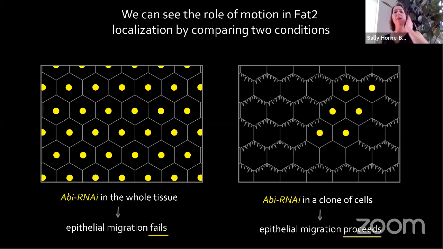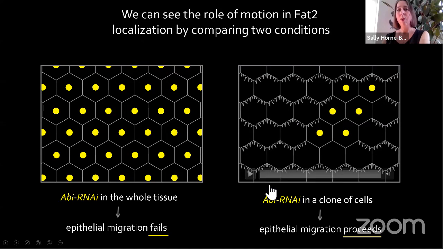Okay, now the way that we know this comes from looking at 2 genetic conditions that I've already shown you in this talk. In the first condition, we are going to remove the SCAR/WAVE complex from all the cells, and that's indicated by the yellow dots on the cells. This eliminates the leading edge protrusions from the entire tissue, and it blocks the ability of the tissue to migrate. And we're going to compare this to a condition where we are only removing the SCAR/WAVE complex in a small clone of cells.